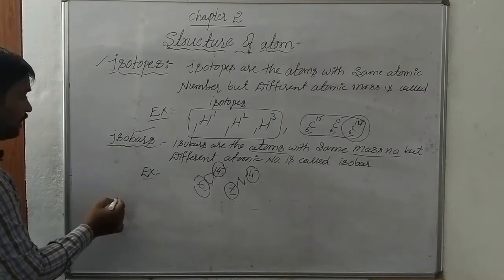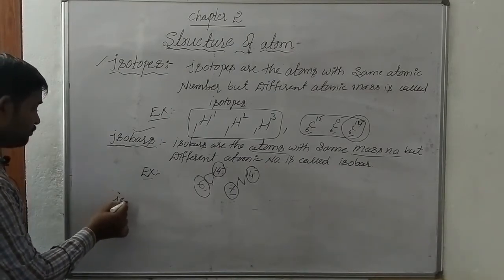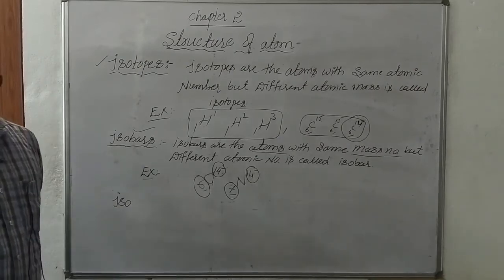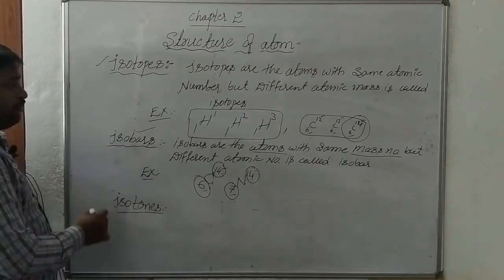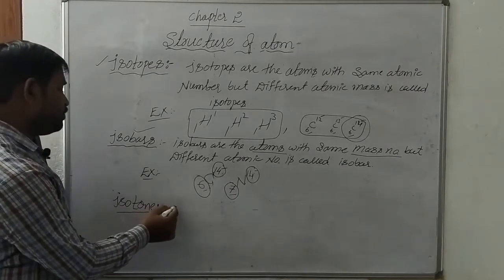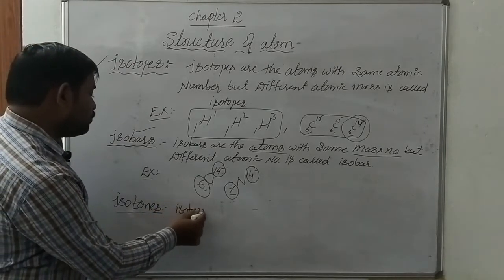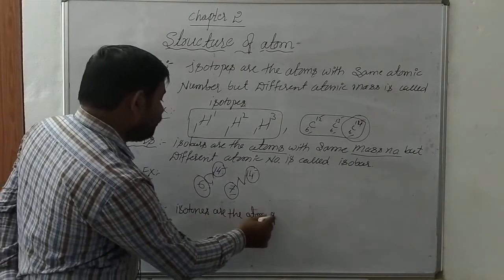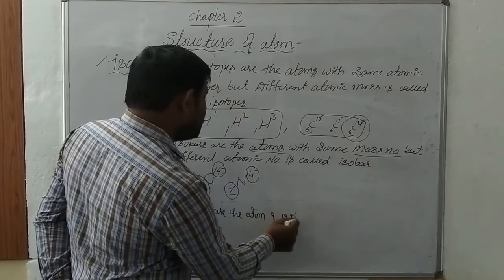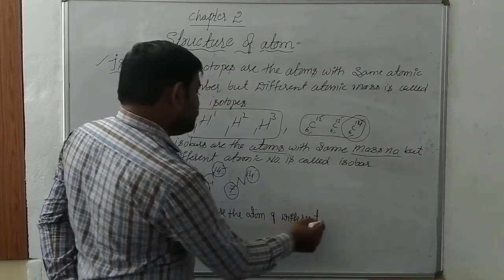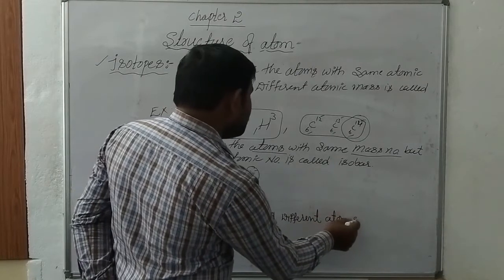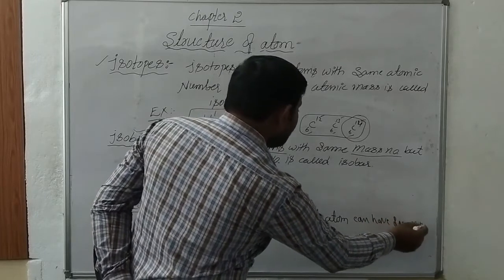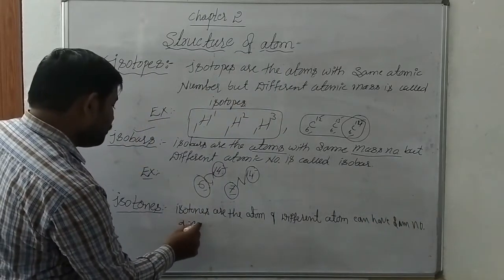So one more definition is there, that is isotones. One more important definition is isotones. Isotones are atoms of different elements that have the same number of neutrons.